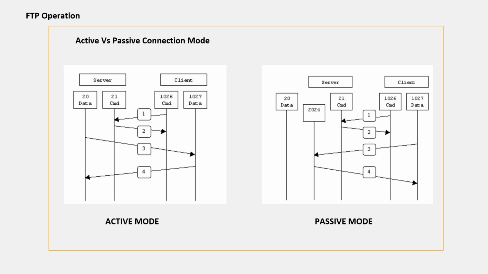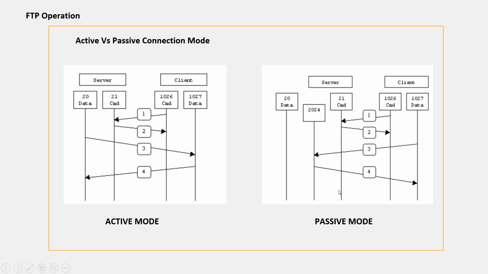So from the client-side firewall, this appears to be an outside system initiating a connection to the internal client, something which is usually a blocker and not accepted. For that reason, in order to resolve this issue of the server initiating the connection to the client, a different method of FTP connection was developed, which is the passive mode.